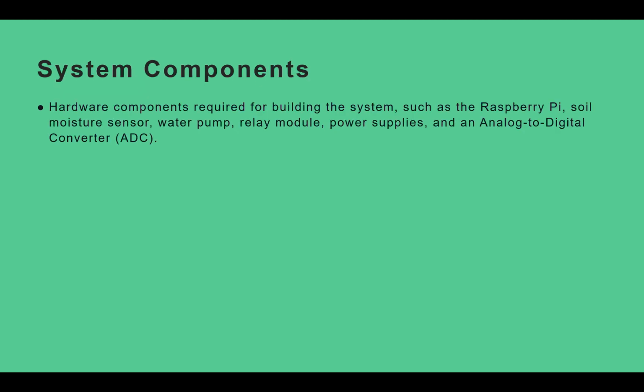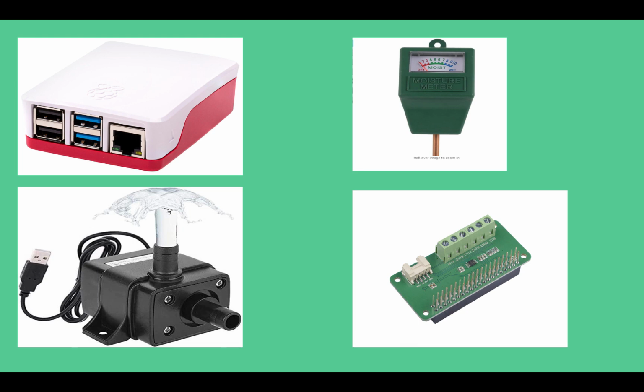After that, we go into the system components. In my system, I use a Raspberry Pi, a soil moisture sensor, a water pump, and an analog to digital converter. These are four photos of the equipment of the system.